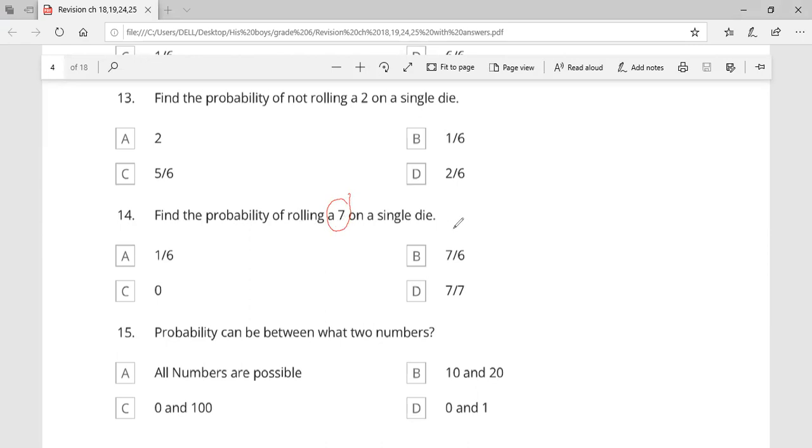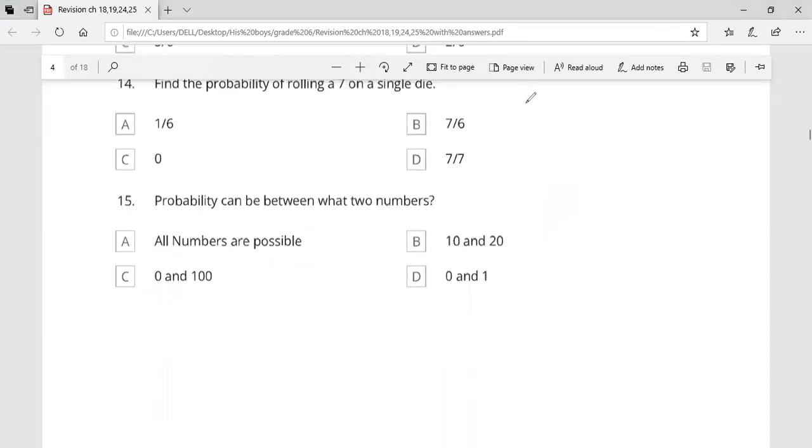No 7 on a dice, because we write just from 1. Here is a dice, for example, 1, 2, 3, 4, 5, 6. If there is no 7, the answer is 0 out of 6, so the answer is going to be 0. The next one.